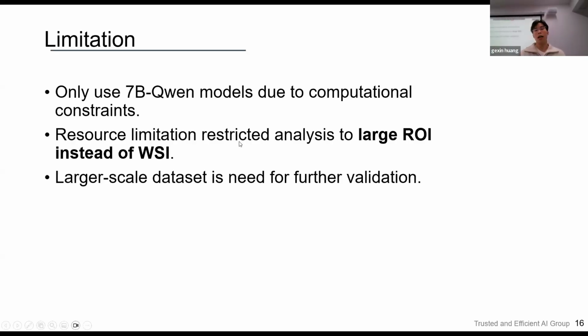They only utilize maybe 248 squared patch images to generate the corresponding answer. And also in this paper, I think a larger scale dataset is needed for further validation.